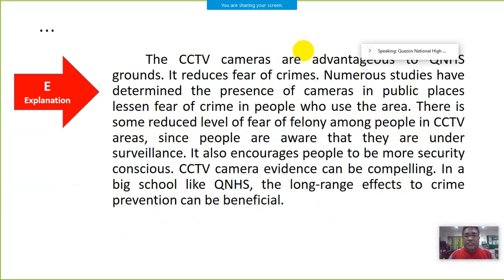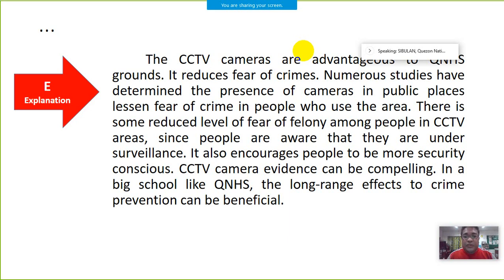Then, explanation why the proposed course of action should be taken. The CCTV cameras are advantageous to QNHS grounds. It reduces fear of crimes. Numerous studies have determined the presence of cameras in public places lessen fear of crime in people who use the area.